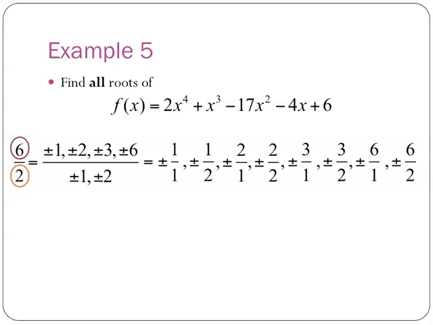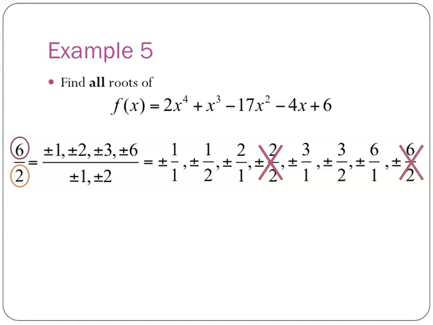If you look at this list, plus or minus 1 over 1 and plus or minus 2 over 2 are really the same thing. So I'm going to cross this off just because it's really a repeat. Same with plus or minus 3 over 1 and plus or minus 6 over 2. So I'm going to cross off the plus or minus 6 over 2.